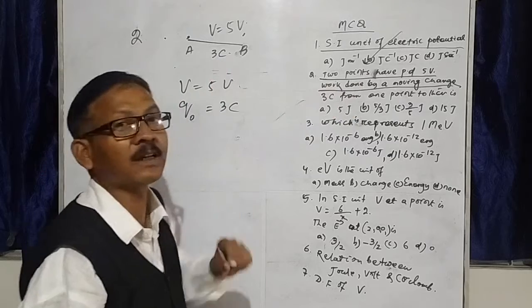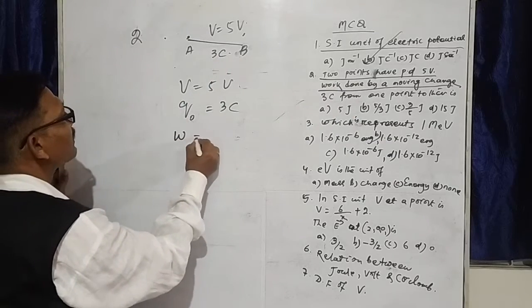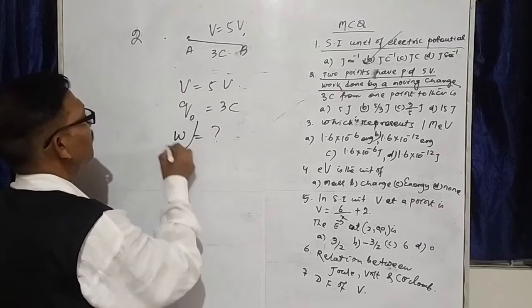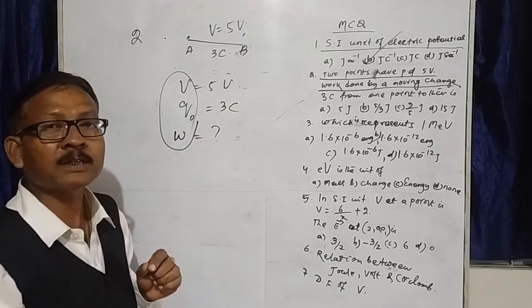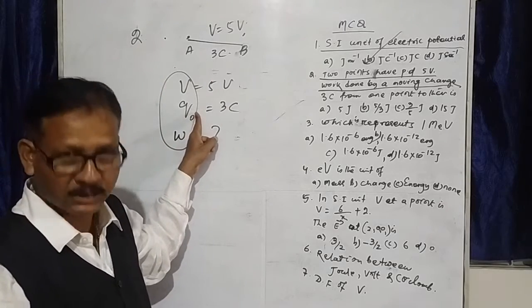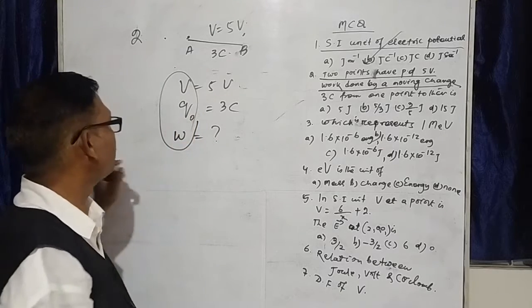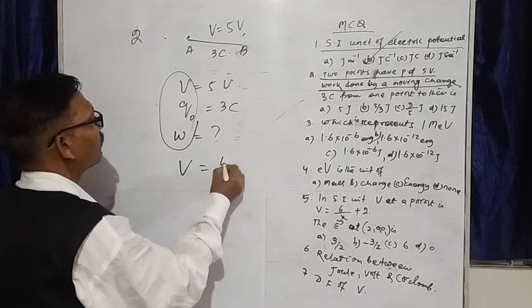So what is the work done? W is equal to what? The relation between potential difference, charge and work done is V is equal to W by Q0.